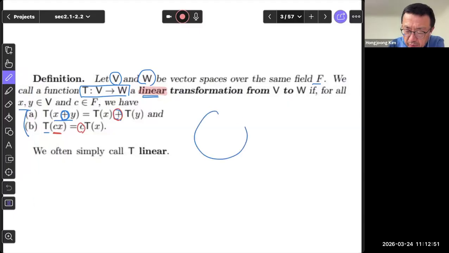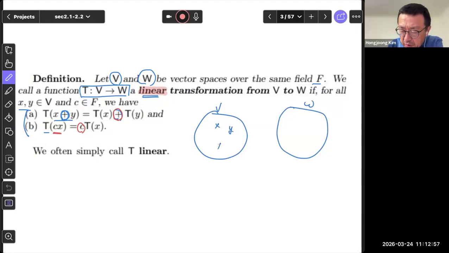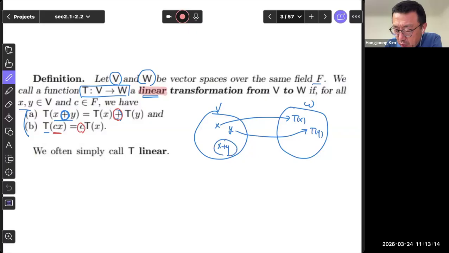So I have V space and W space, and I have x and y, and x plus y will be some vector in V space because we are considering a vector space. And in W, x will be mapped to T of x, y will be mapped to T of y, and x plus y will be mapped to T of x plus y.